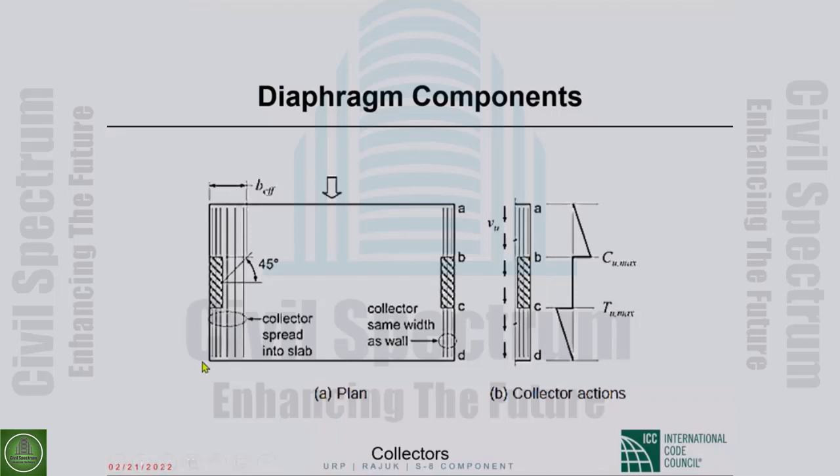And the other part of the picture is showing us that sometimes, because of construction reasons, we would spread out the collector element, the collector reinforcement. But there are limitations to how far you can go. The structural engineers of Northern California have some recommendations that are, I think, pretty sensible.